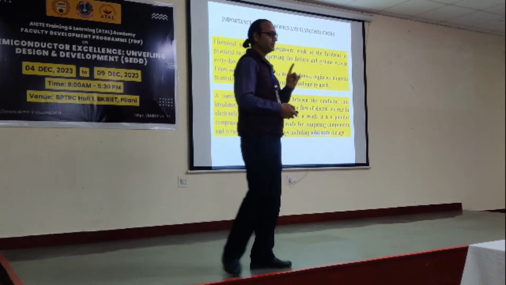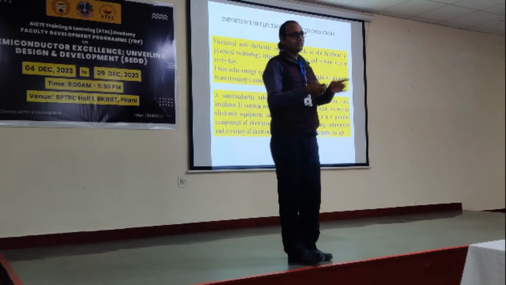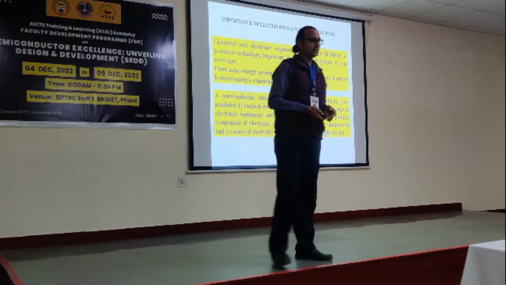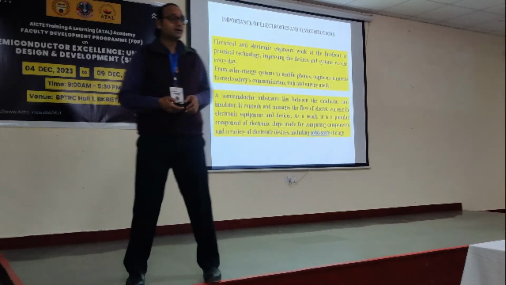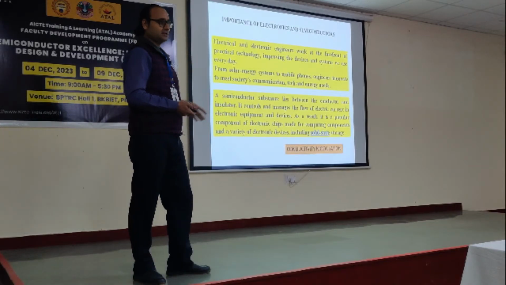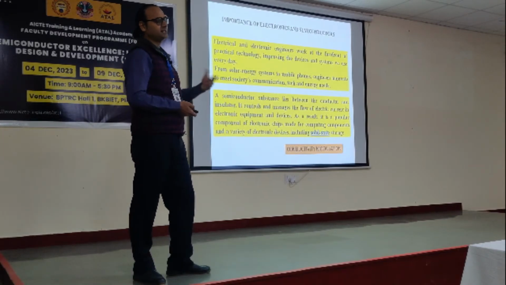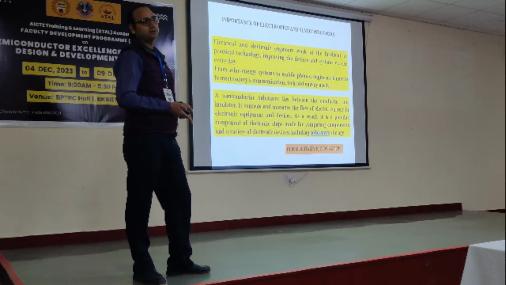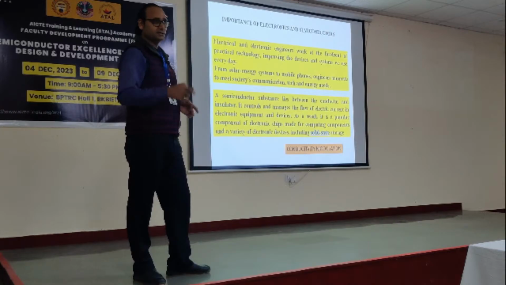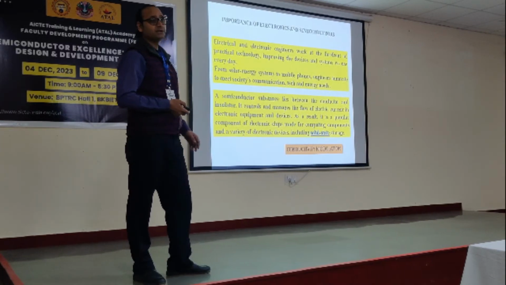This can be done only with semiconductors, and you know how we do it? We do doping, and other methods are there like temperature, sunlight, so light energy, thermal energy, doping. By those methods, we can modulate the conductivity of a semiconductor. This is not possible with others. That is why there is importance of semiconductors.